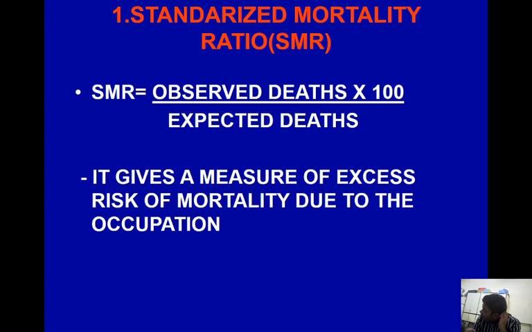So it is observed deaths divided by expected deaths. It gives a measure of excess risk of mortality due to the occupation. So this standardized mortality rate is basically done in terms of a specific occupation or a specific region or something like that. So I'll just tell you what it means.